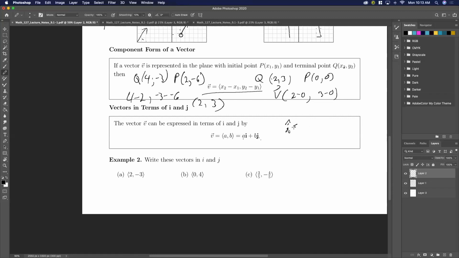I is a unit vector, and it's 1, 0. I is in the x direction. J, with the little hat, is how you write it if you didn't use the bold, is the unit vector in the y direction, which is 0, 1.